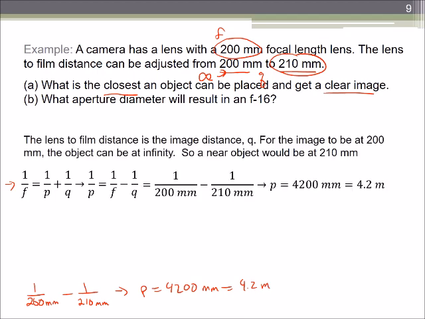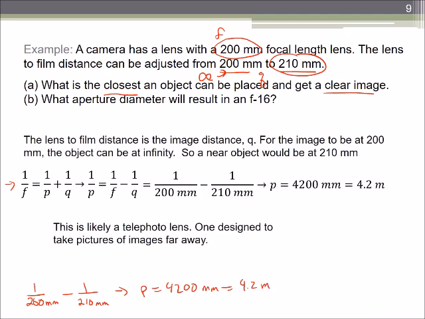That means we're dealing with something that's still pretty far away, and most likely this is a telephoto lens, because even a 1 centimeter change of distance from our camera's lens to our film is pretty big. So this is going to be a pretty long lens and pretty telephoto.